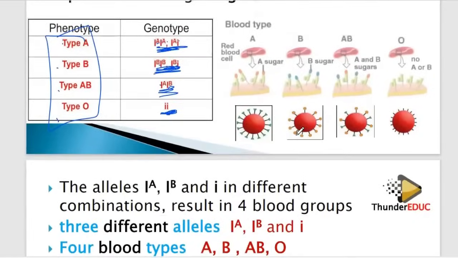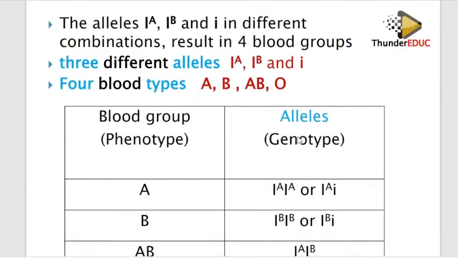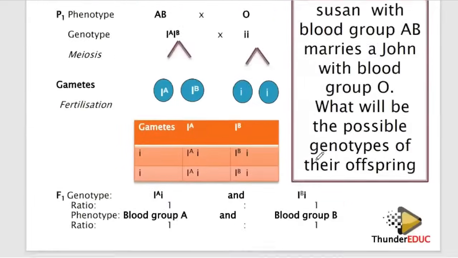Then they're saying 3 different alleles, and 4 blood groups or types, which we call the phenotypes. So it's A, B, AB, and O. So that you understand.